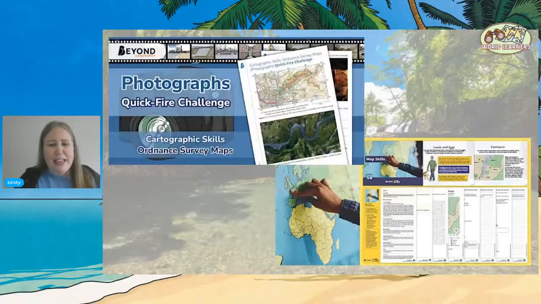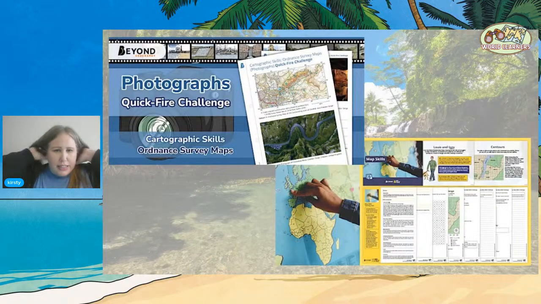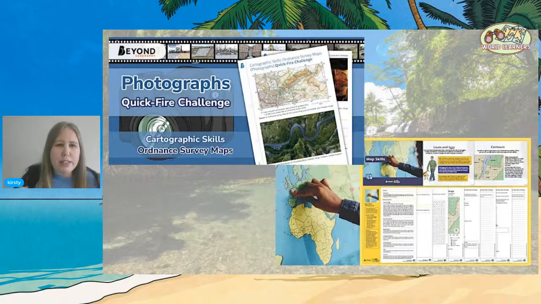So let's see what we've got. Coming up this week, some resources to share with you and a sneaky peek of next week of what's in store. So this week I'm sharing some different map challenges. So we touched on looking at grid references this week. This will give you much more detail and practice and activities to get stuck into working on different grid references and map reading skills as well.